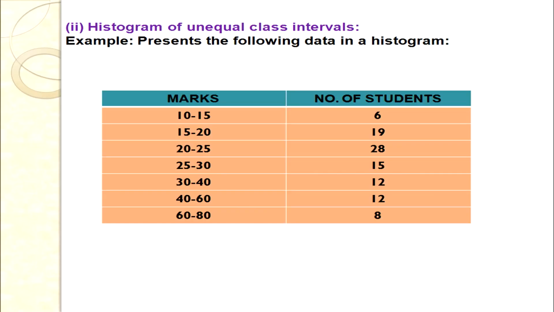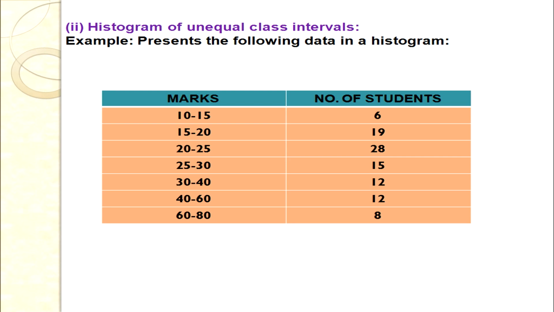Let us analyze the data first. Over here we can see the marks 10 to 15, 15 to 20, 20 to 25, 25 to 30. The class interval gap is 5. But when we read the next classes, 30 to 40, 40 to 60, 60 to 80, the class interval gaps are changing.